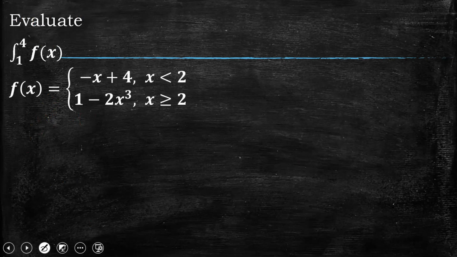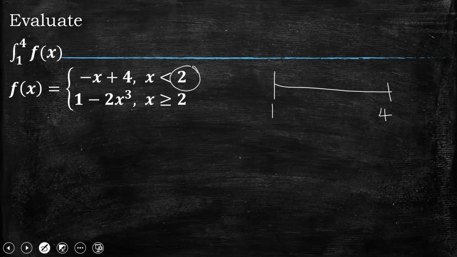Now let's solve this one here. The integration of f of x from 1 to 4, where f of x is negative x plus 4 if x is less than 2, and 1 minus 2x cubed if x is greater or equal to 2. So here my function asked me to find the integration from 1 to 4.